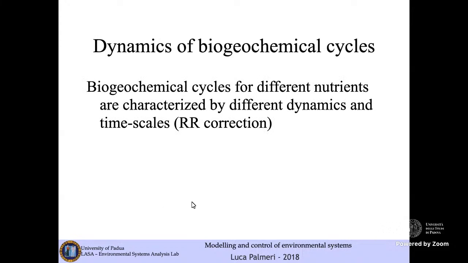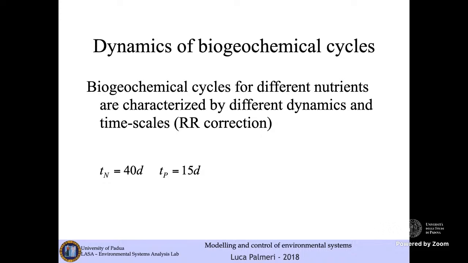It is finally also to take into account that the dynamics of biogeochemical cycles are very different from phosphorus to nitrogen. The cycles of these elements for the different nutrients are characterized by different dynamics and time scales, and sometimes also by the Redfield ratio correction, for example how far we are from the Redfield ratio.